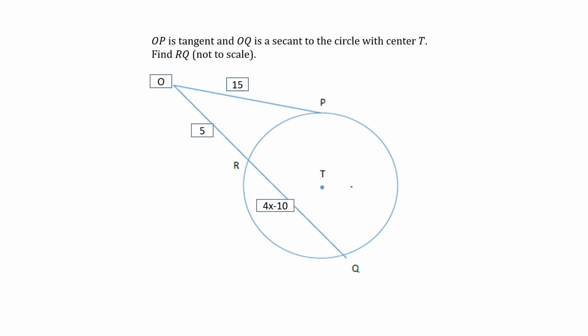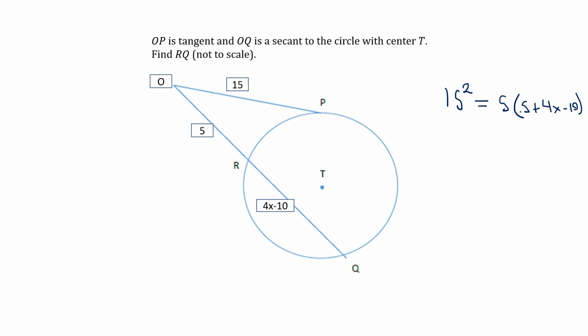So now we know that if we have a tangent coming from this point, that tangent squared is going to equal the small bit times the whole of the secant made from that same point, which again is, we're just substituting another secant line for the tangent, and we have to square it because I don't know why, but you do. But the other part remains the same for the secant. So this is 5 times 5 plus 4x minus 10.